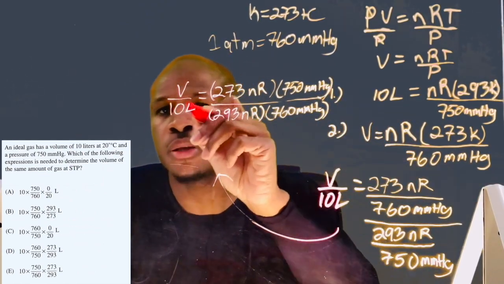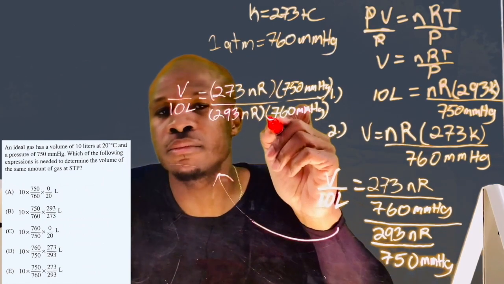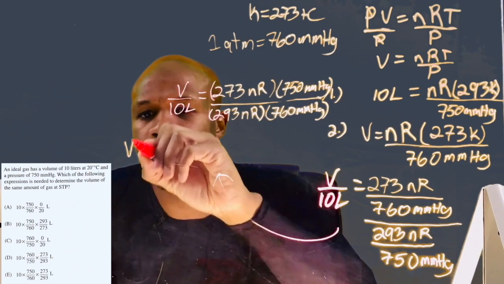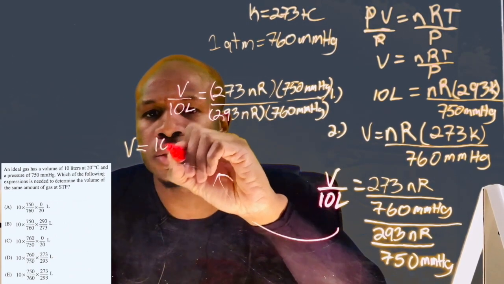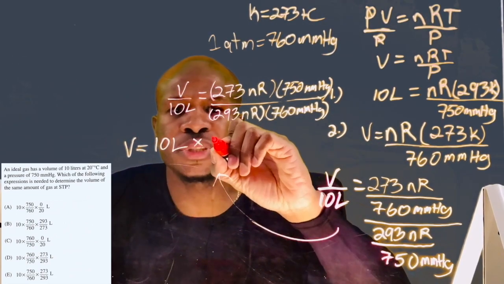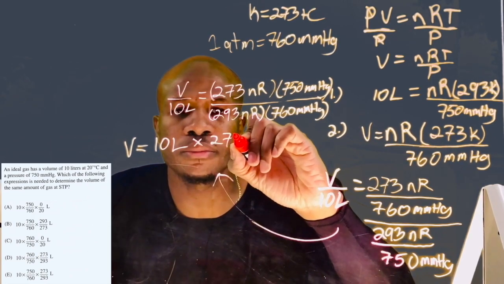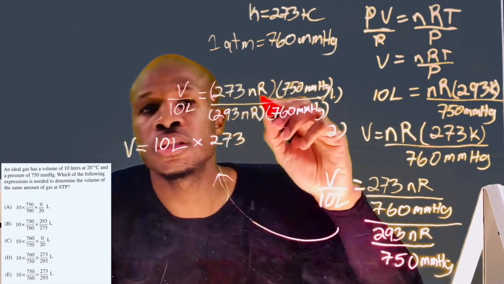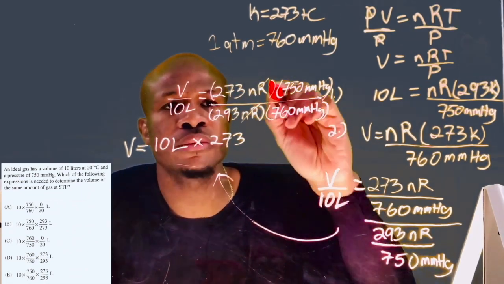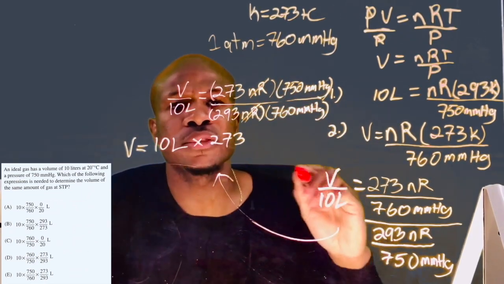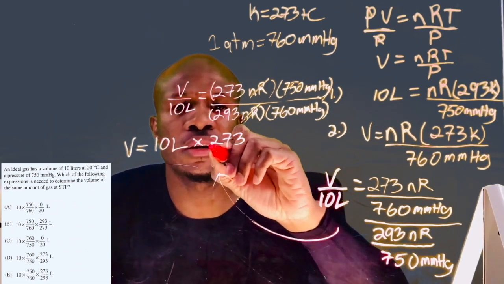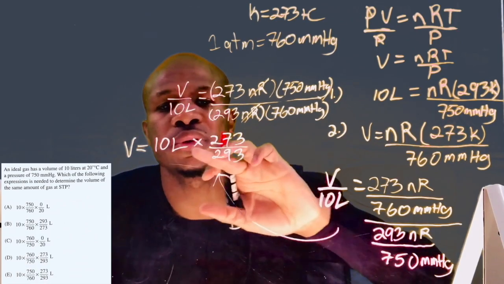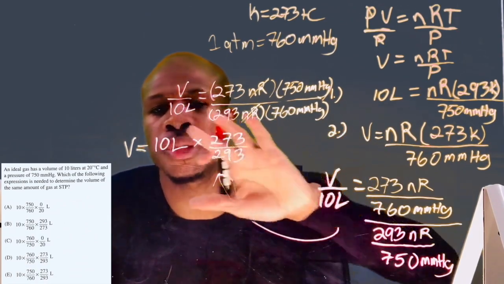Okay, to solve for V, we just multiply both sides by 10 liters. So my answer ends up being V equals 10 liters times 273. Also, the nRs cancel, right? Those two nRs cancel. So I just get 273 over 293. And also, I just want the number, so I'm going to drop the units.